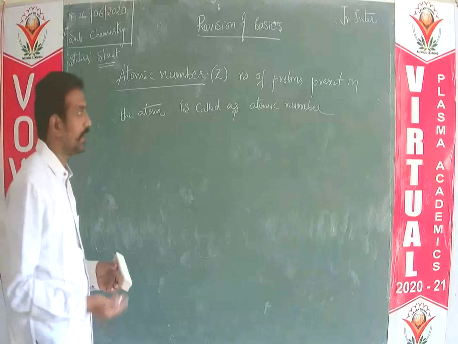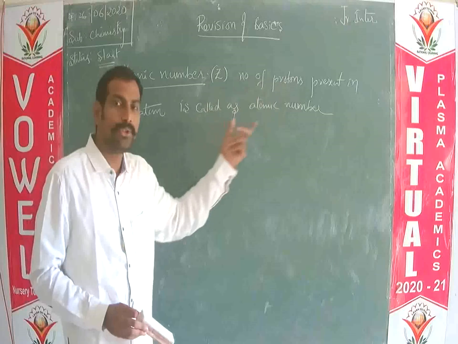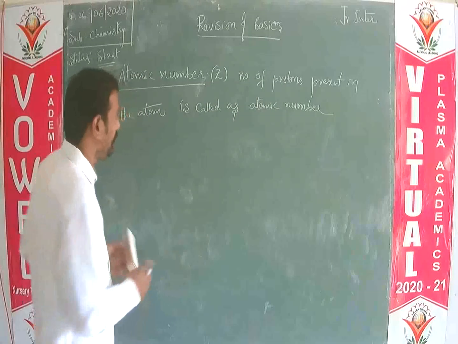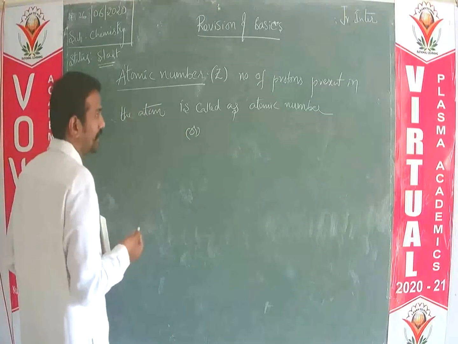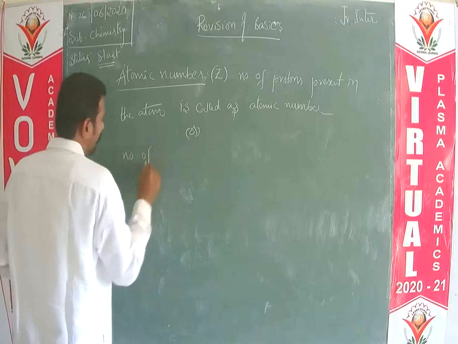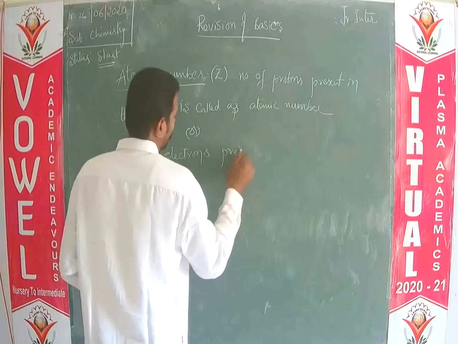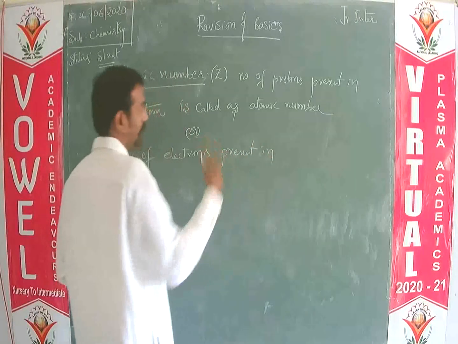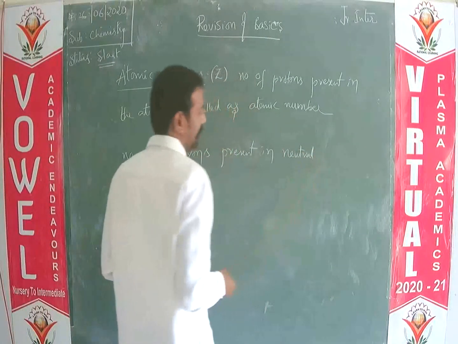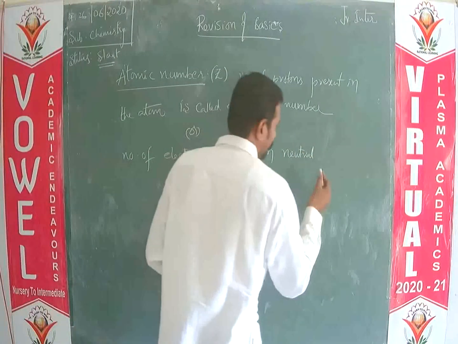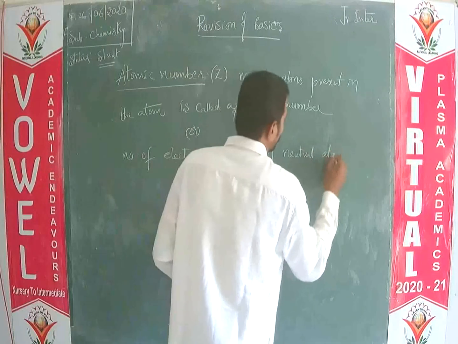Similarly, in another way, generally a neutral atom has the same number of protons and electrons. So in other words, one can define the atomic number as the number of electrons present in the neutral atom.